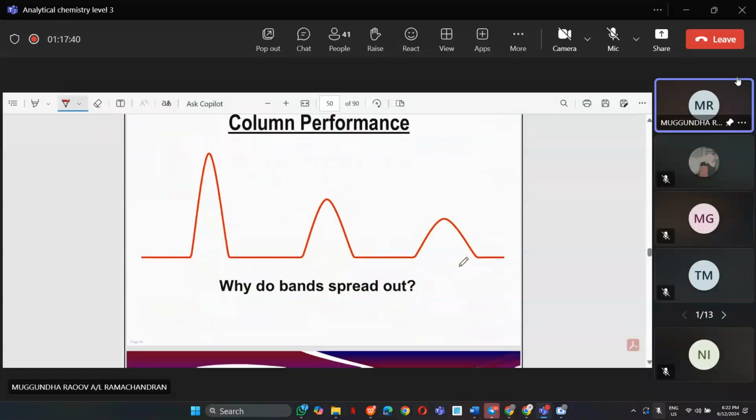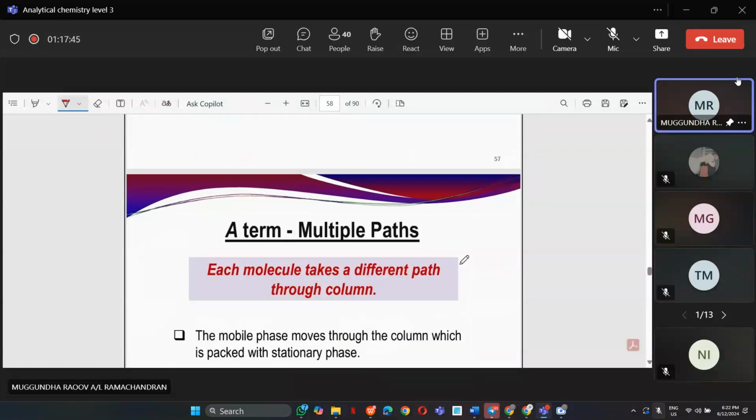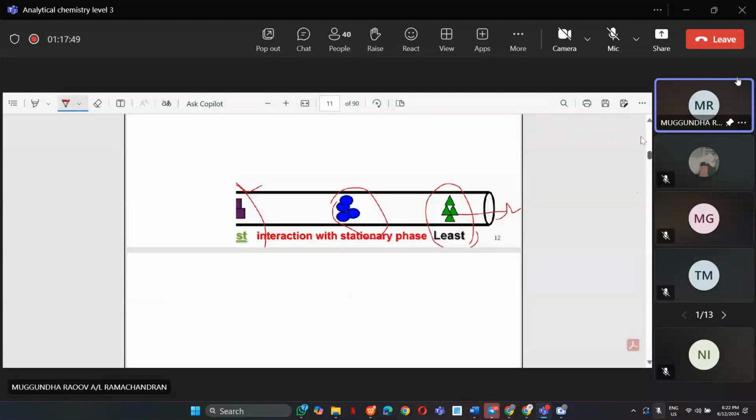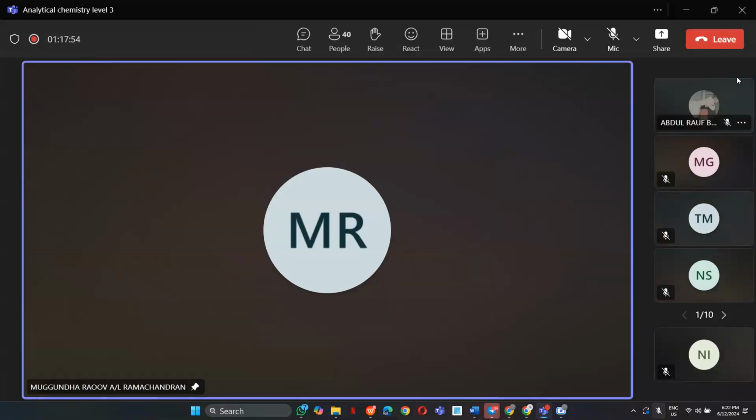So this is all about column performance, and the Van Deemter equation is a different story, but I don't want to make it very long now. We have about half an hour to go, so I want you guys to start doing the sample problems, the calculations. You can use the balance of the half hour to refresh whatever we have learned so far.